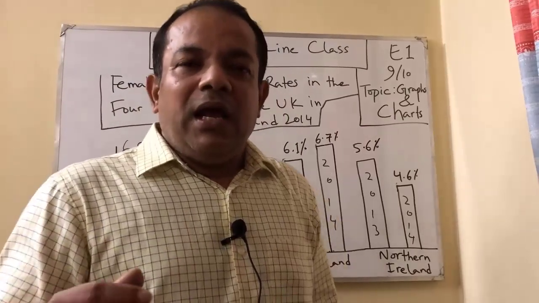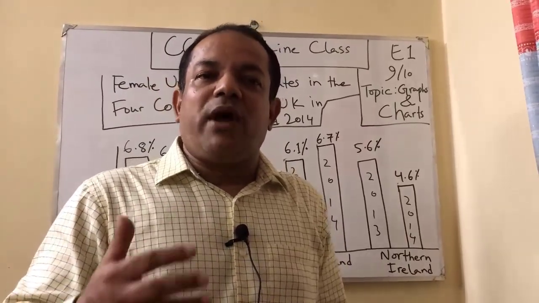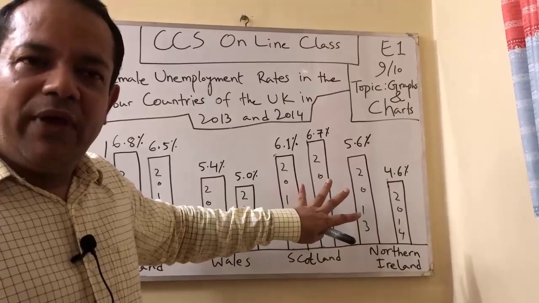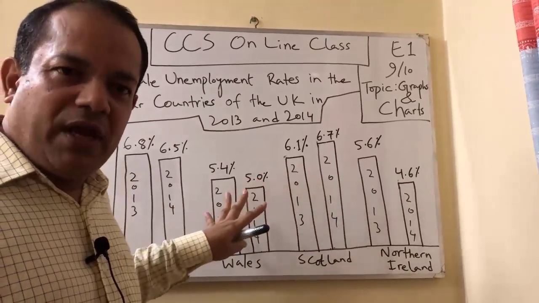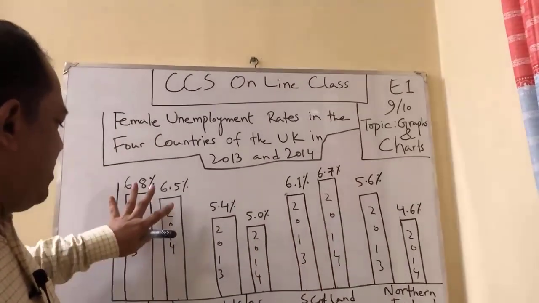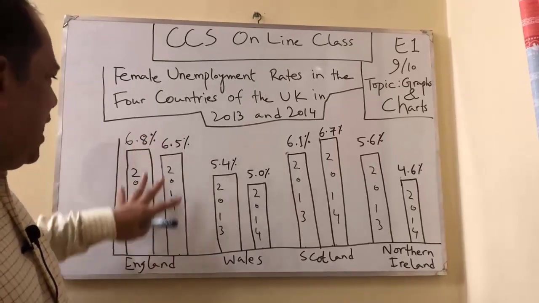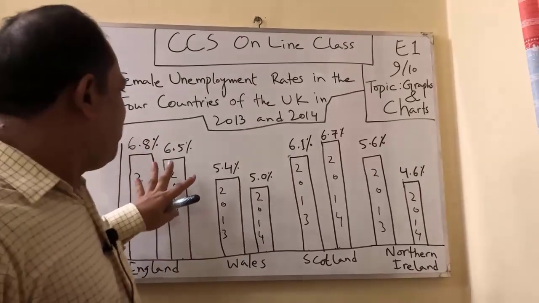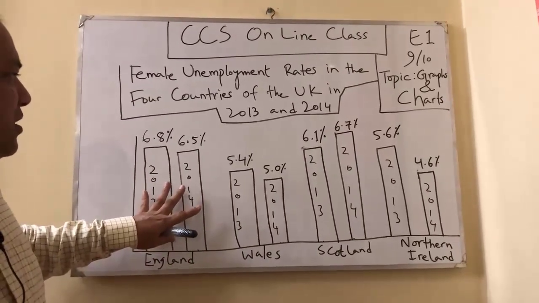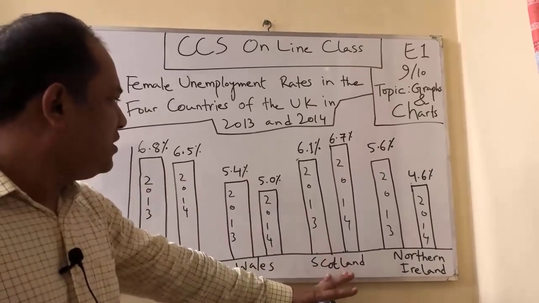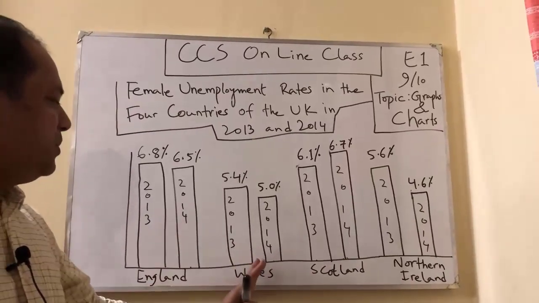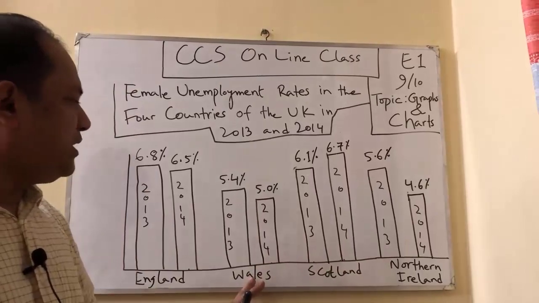With the introduction you can also write another sentence, for example, in which country the rate increased and in which country the rate decreased. For example, in England, we see that the rate was a bit higher than Scotland, and it was also higher than these 2 countries, Wales and Northern Ireland.